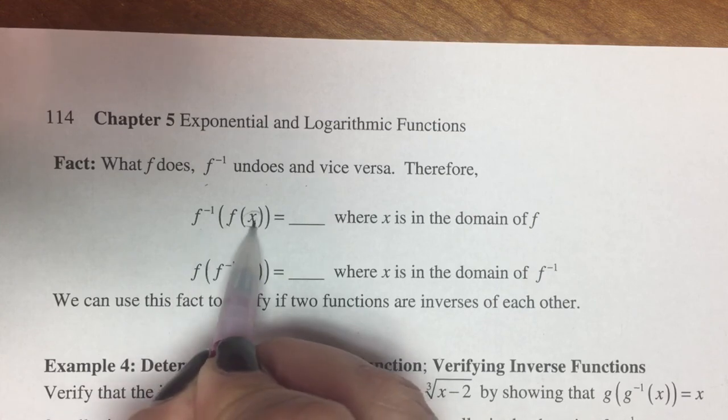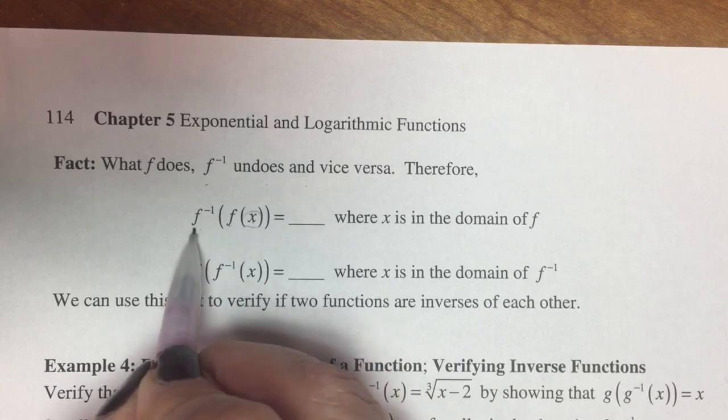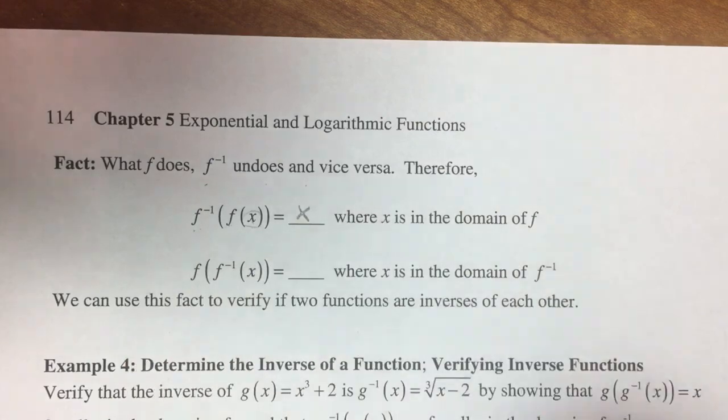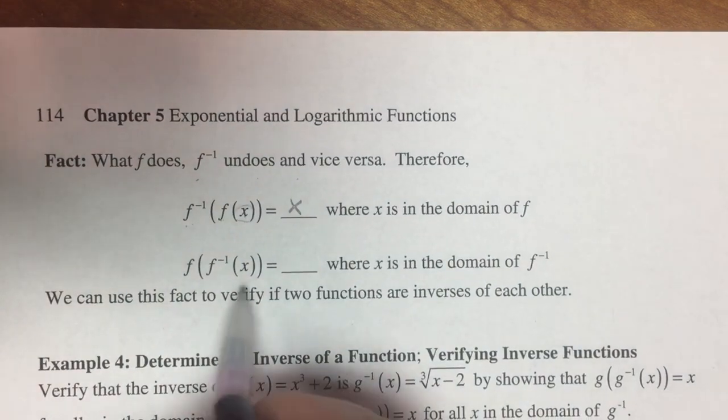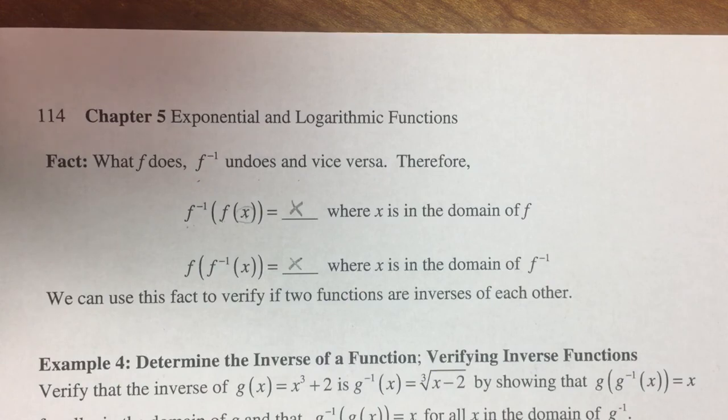So if I start with x, f does something to it, and then f inverse undoes that, where do I end up? I end up at x. Same thing down here. If I compose, we did that in the last section, f and f inverse, I should always get x.